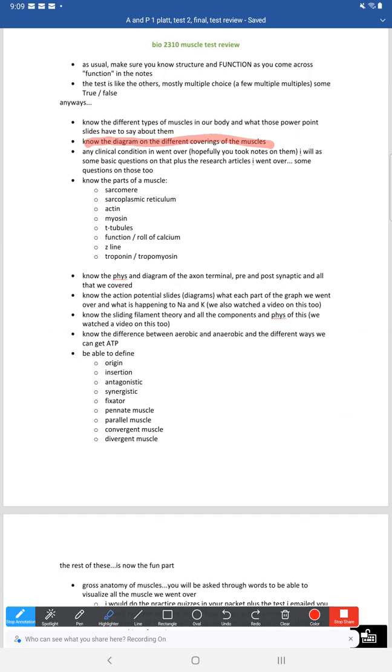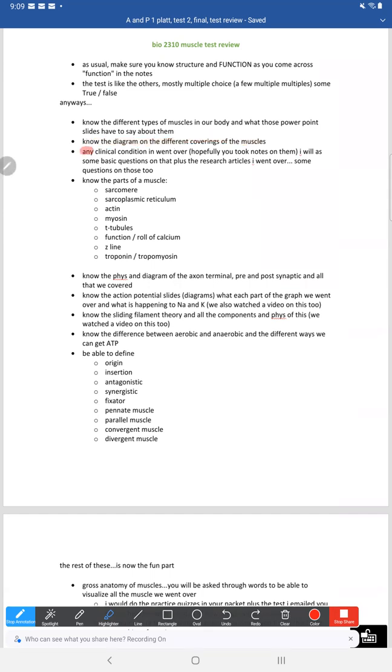Then you have your fascicles, and the fascicles are wrapped by the perimysium. The innermost, you have your muscle fiber, and the muscle fiber is wrapped by the endomysium. So know the diagram, the different coverings of the muscle.